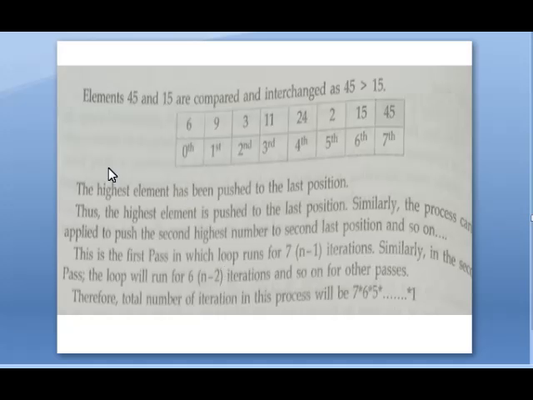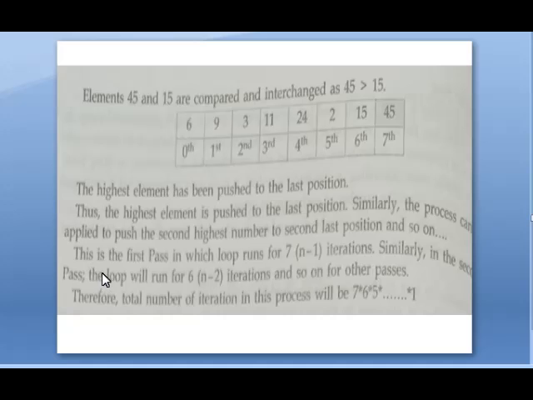Like this the process goes. At the end of the first pass, the array may not be in ascending or descending order, so again we have to start from the first position. Compared to the selection sort, bubble sort is a very lengthy process. The highest element is pushed to the last position. It will take too much time.